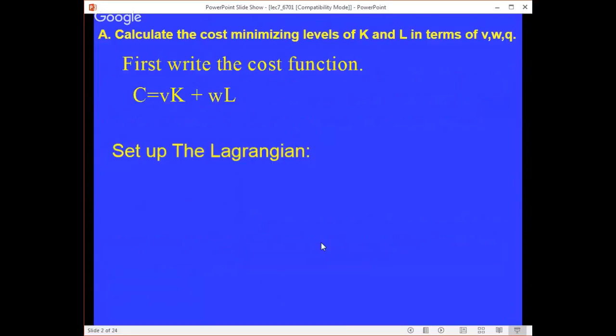Now, I noticed that almost all of you started with the production function as a constraint, because that's pretty similar to what we did with theory of the consumer. But our objective is different. With theory of the consumer, we're maximizing utility. Here, we're minimizing costs.